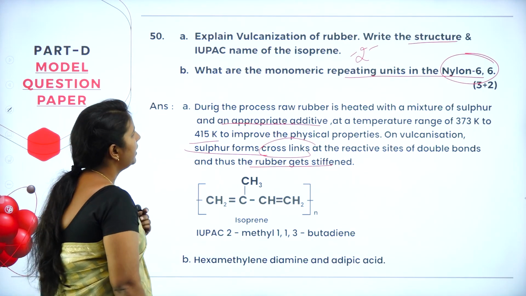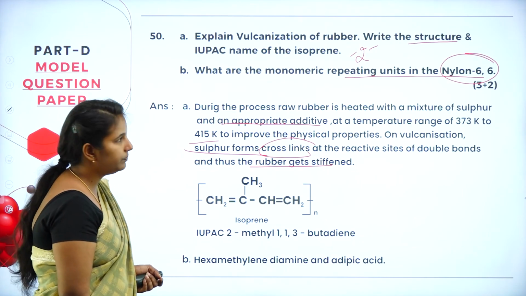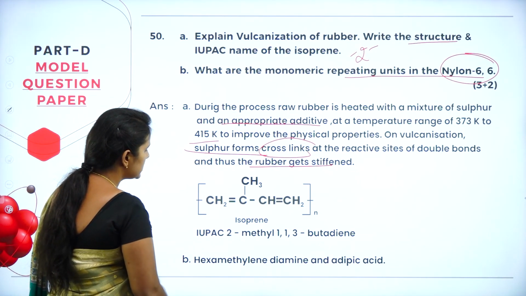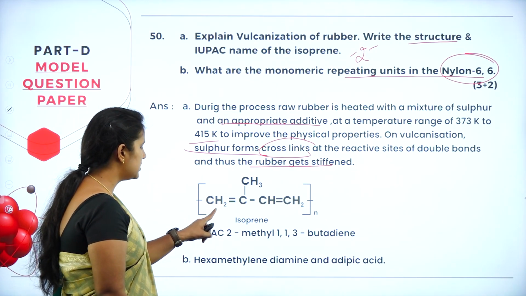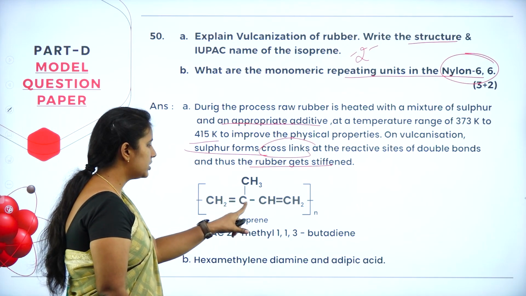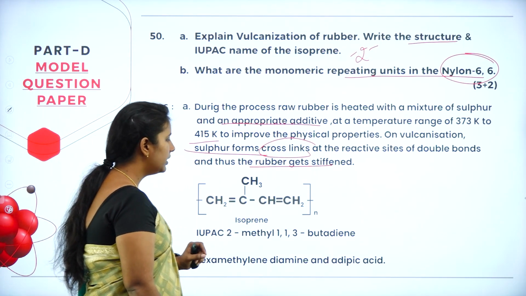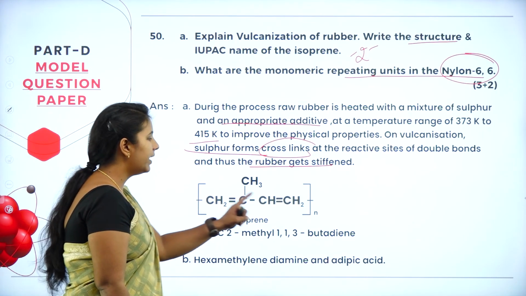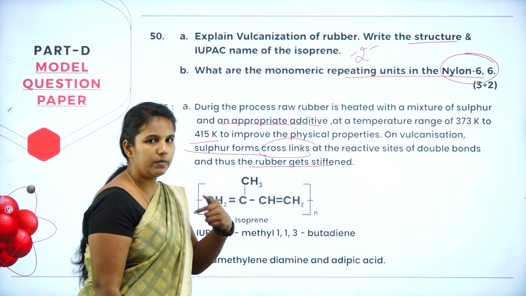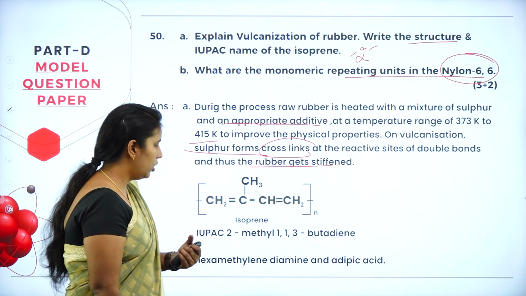Then coming to the structure of isoprene. This is the structure of isoprene, where we have CH2 double bond C, CH3, CH double bond CH2. Why is it written as n? n times it will combine to form a long chain.